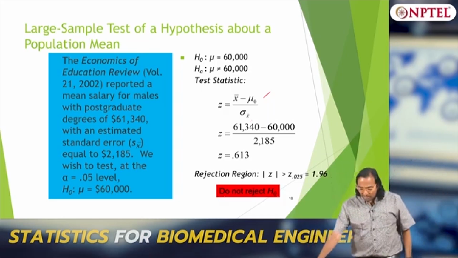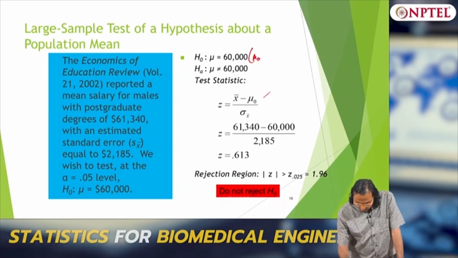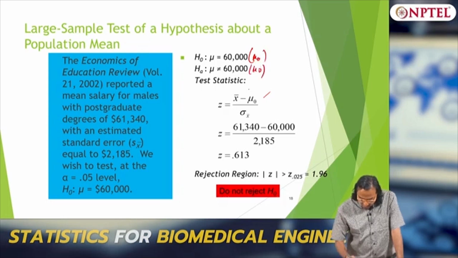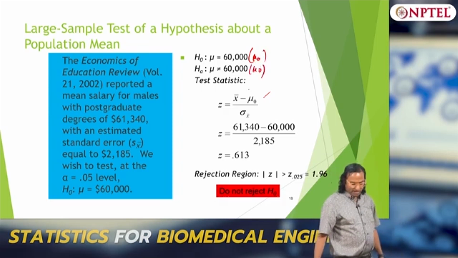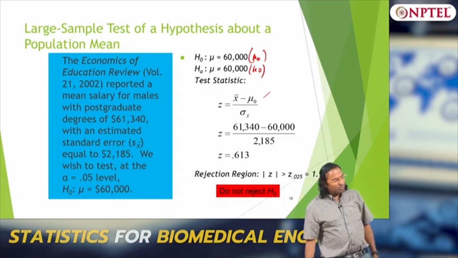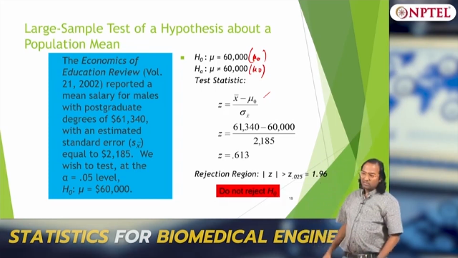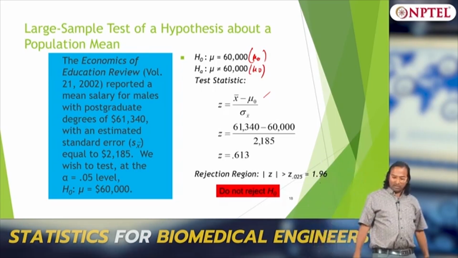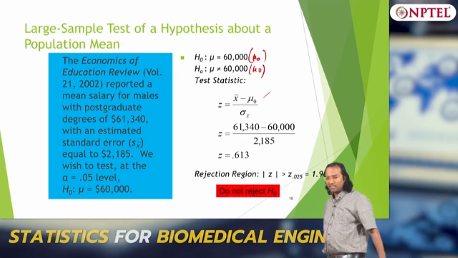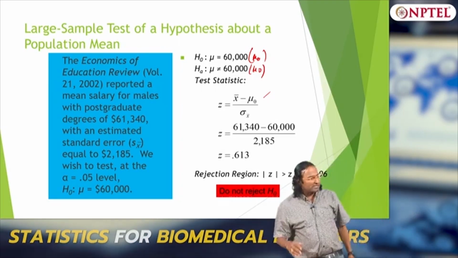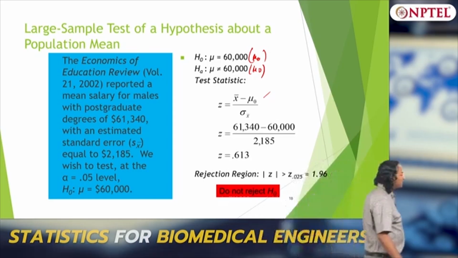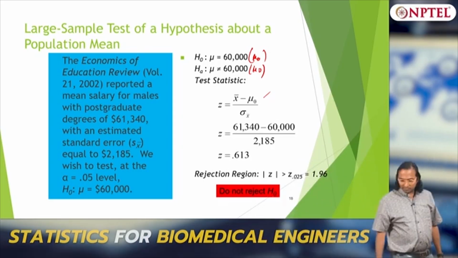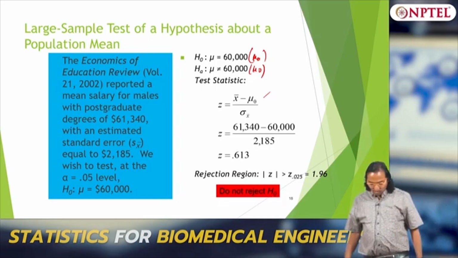This is my mu naught, 60,000. You directly compute x bar minus mu by sigma over root n, z is 0.613. The rejection region is z greater than z 0.025 on both sides, so you are not going to reject the null hypothesis.